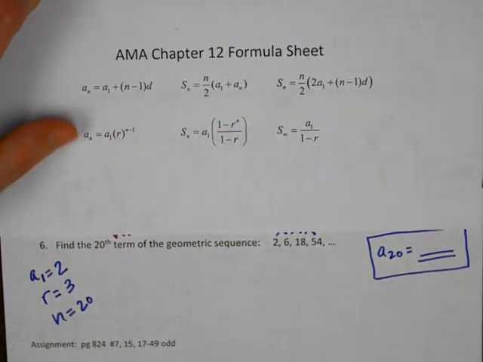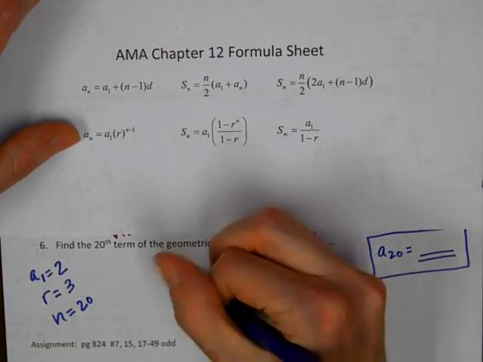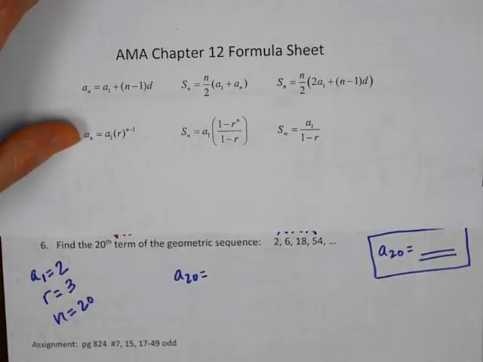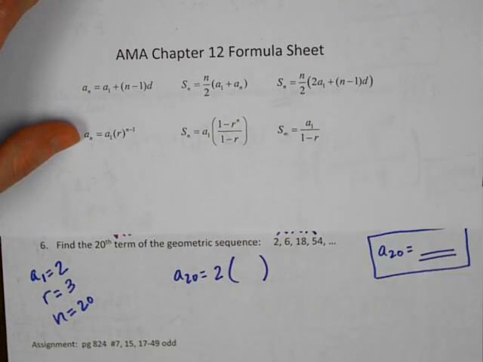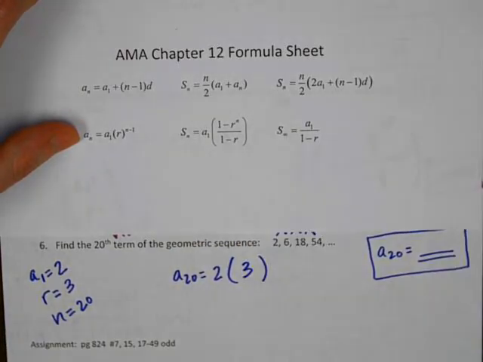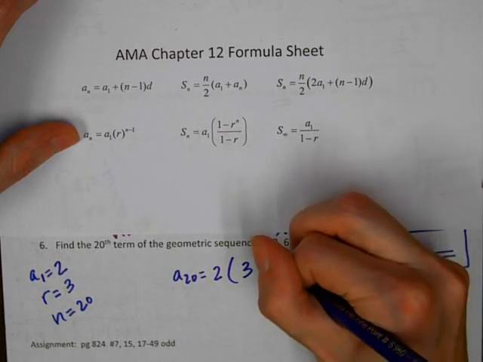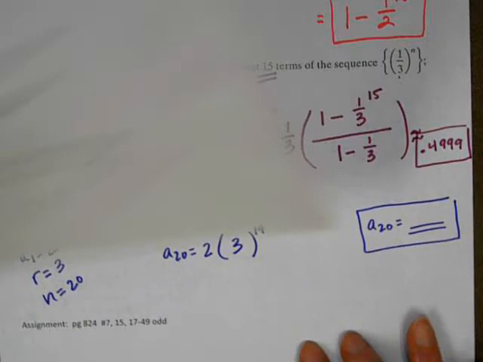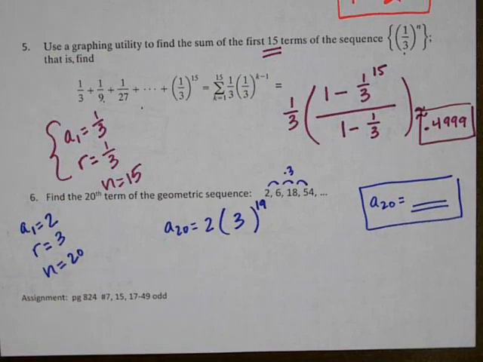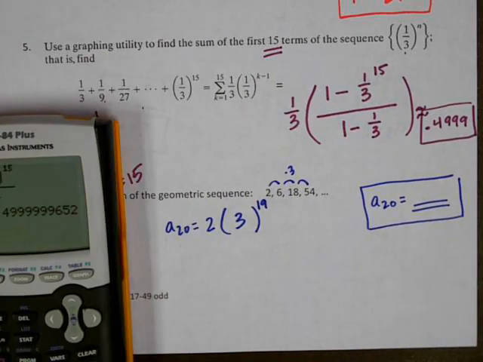So a sub n is what's missing. So a sub 20 is missing. A sub 1 is 2. R is 3. And then n minus 1 would just be 19, right? 20 minus 1. And then all you have to do is just solve that. So 2 times 3 to the 19th power.